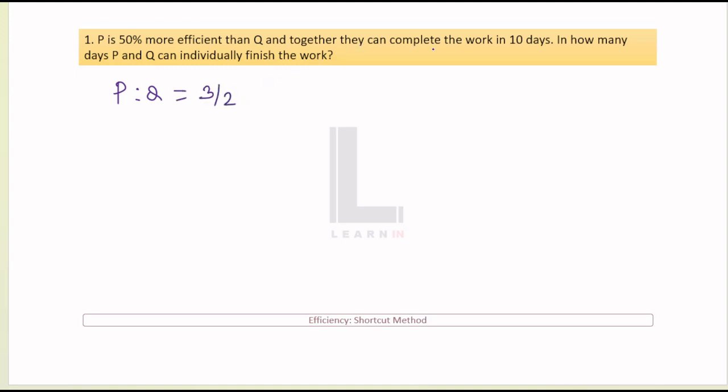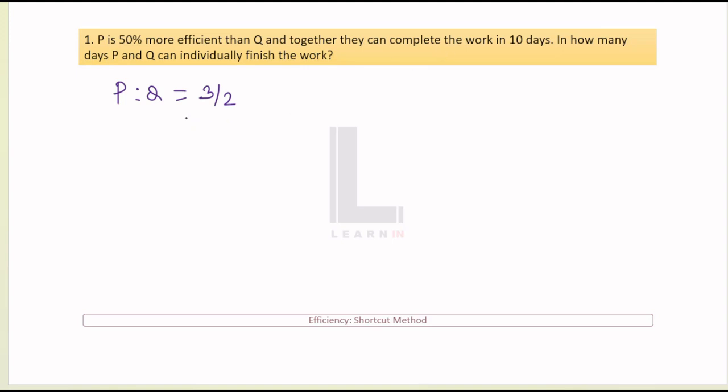And together they can complete the work in 10 days. In how many days can P and Q individually finish the work?